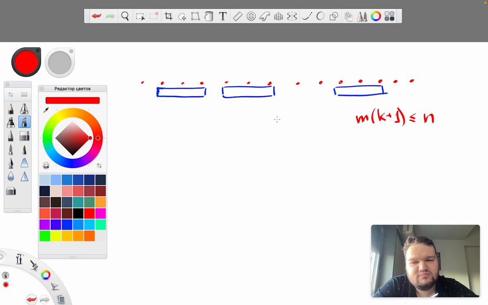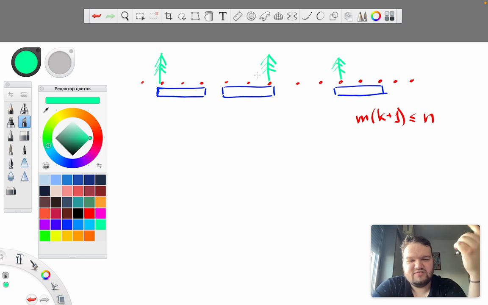All right. So if we have some sequence of trees like this, then we can greedily choose in which direction to fall them. Let's go left to right, and for each tree, if we can fall it on the left, do that, otherwise fall it on the right.